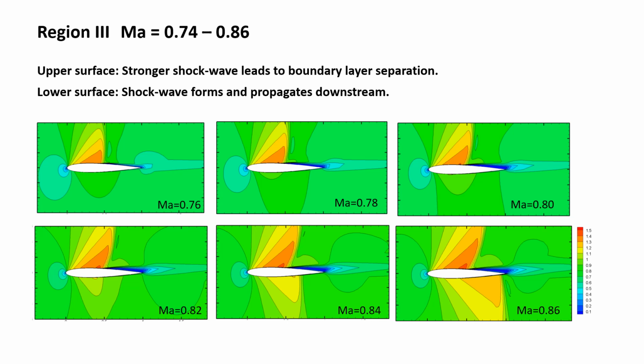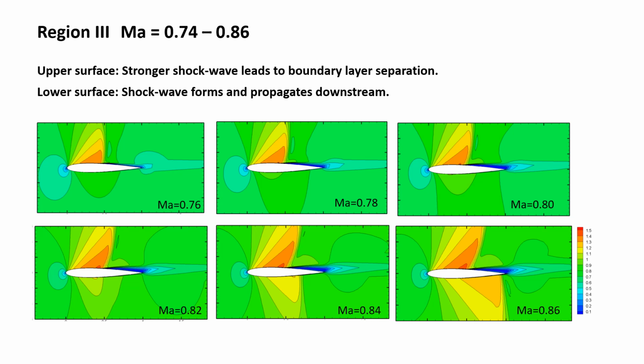So what kind of observations can we have? In the first row, before 0.8, we don't see any shock wave over the lower surface, but the shock wave on the top surface becomes stronger. And also the wake region, or the low speed region behind the shock wave, is growing.